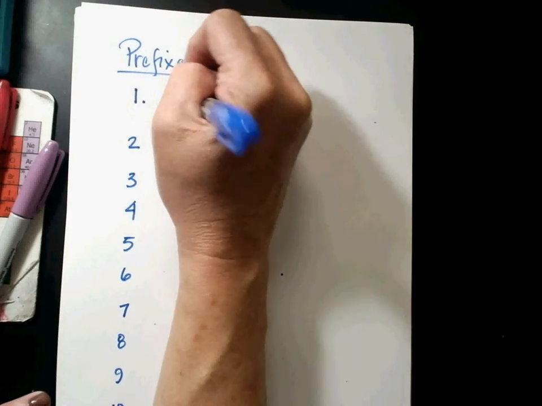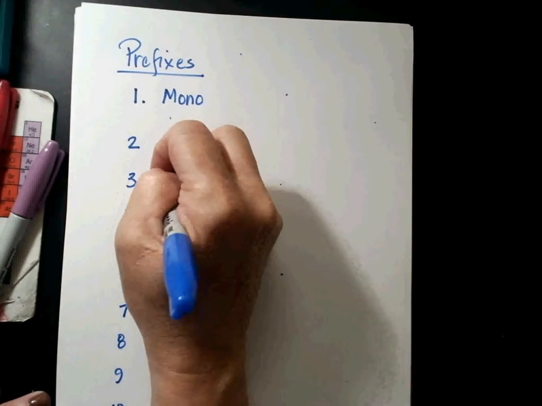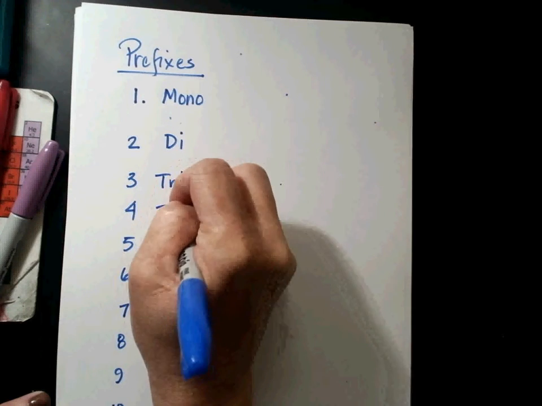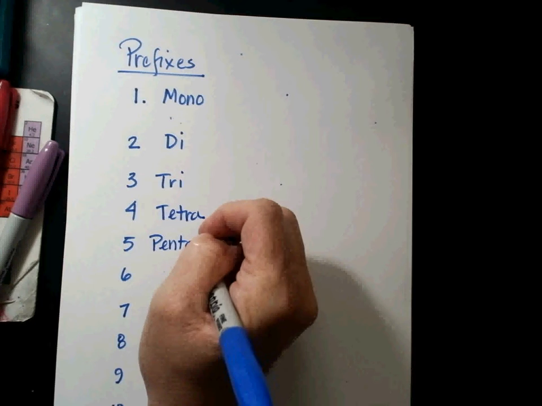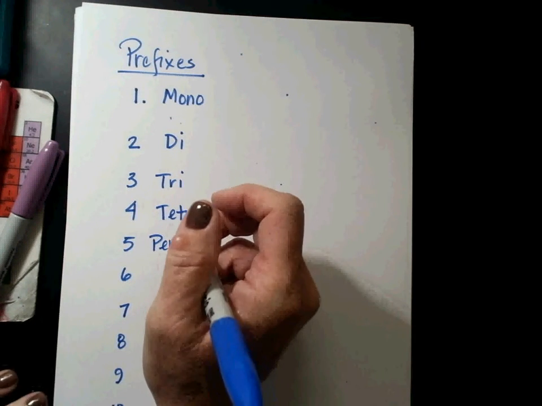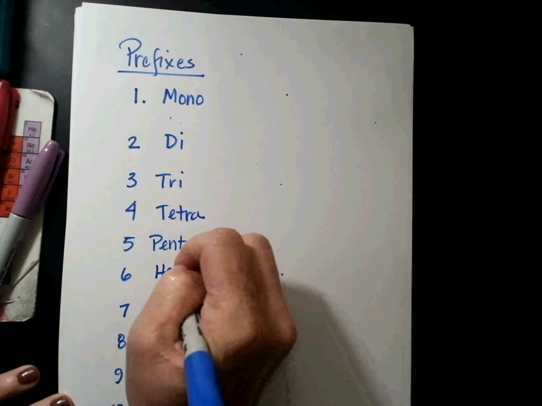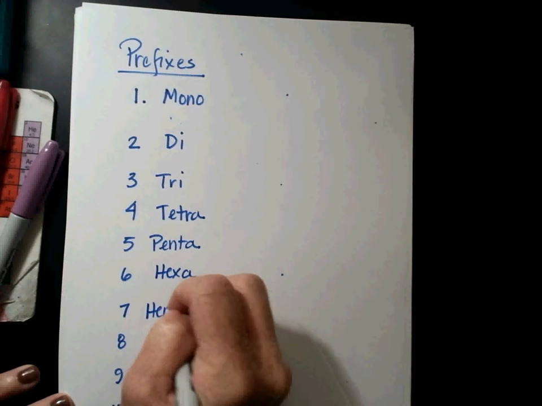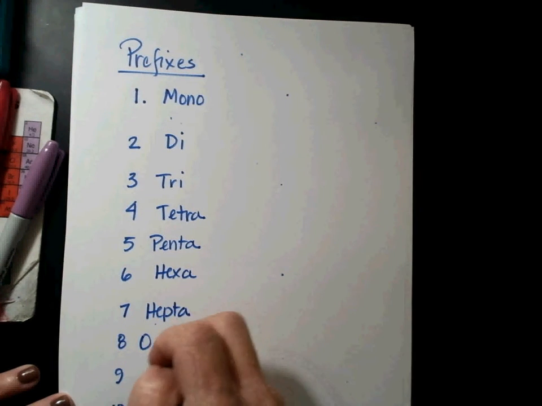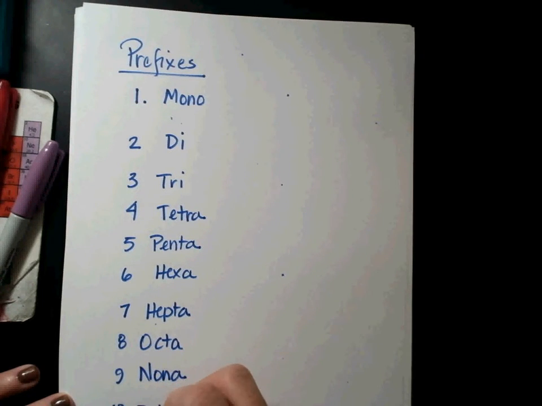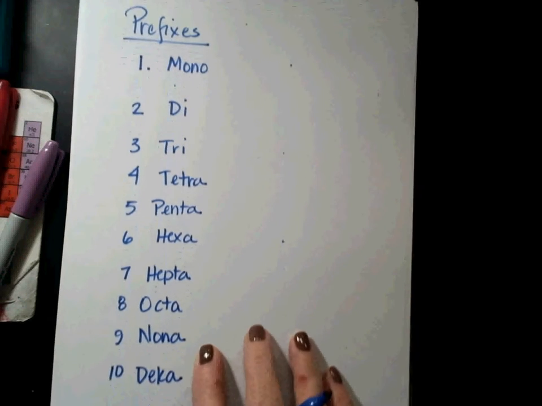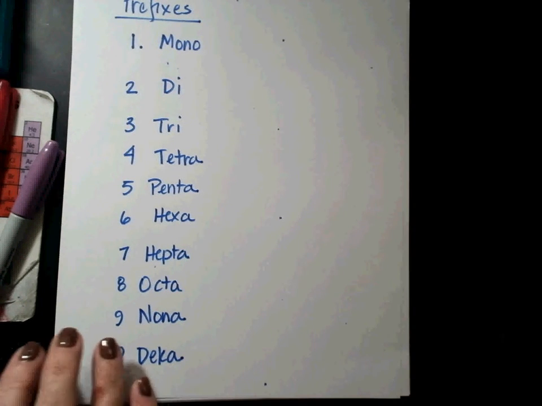One is mono, 2 is di, 3 is tri, 4 is tetra, 5 is penta, 6 is hexa, 7 is hepta, octa, nona, and deca. So they're easy. They're ones you've heard before.